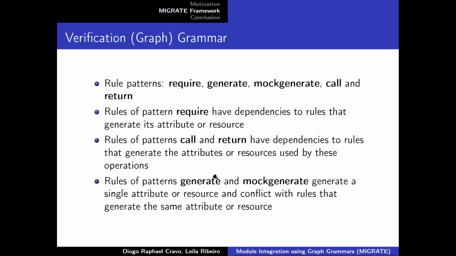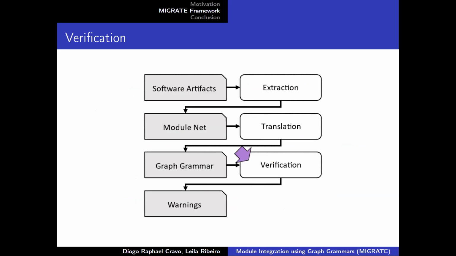And then we have the generate and mock generate rules, which really are equal. The only difference between them is in the name, and they always generate exactly one attribute or resource.